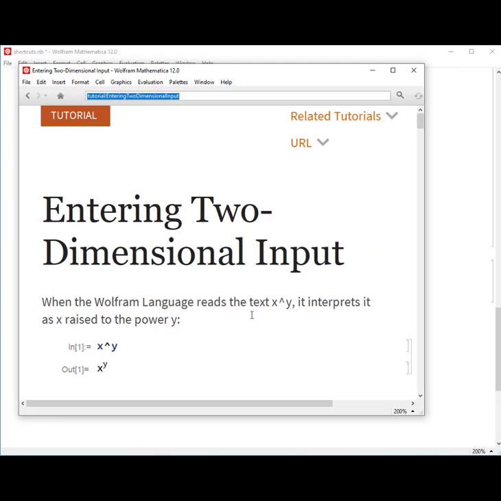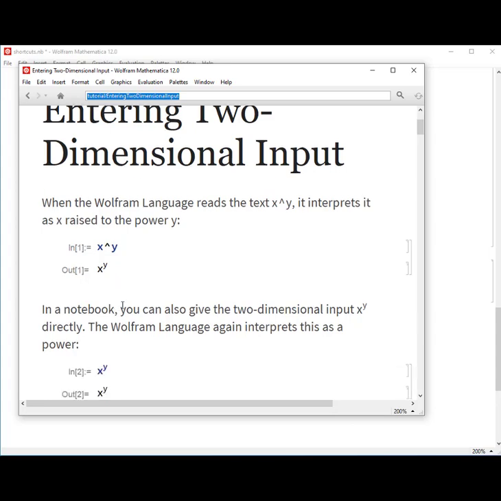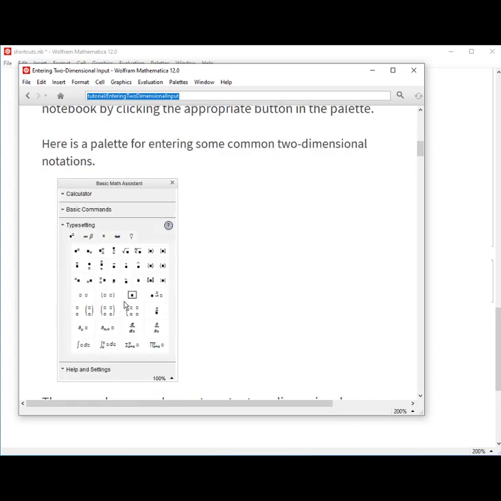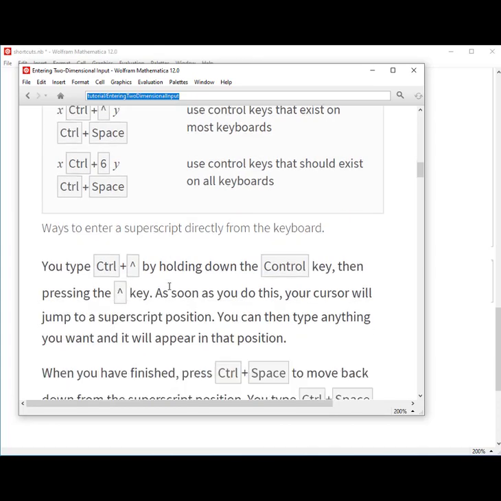Here's the window that comes up, and you see that it shows me that I want to make an exponential notation, x to the y, and it does show me eventually here that I'm going to take x and then control and the caret key or the 6 key, and then y, and then that's the control sequence for that.